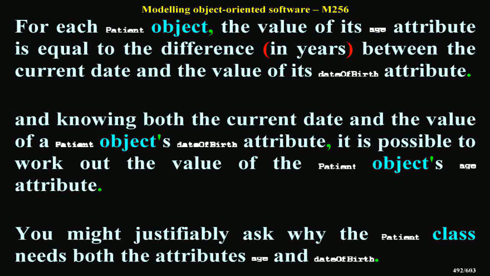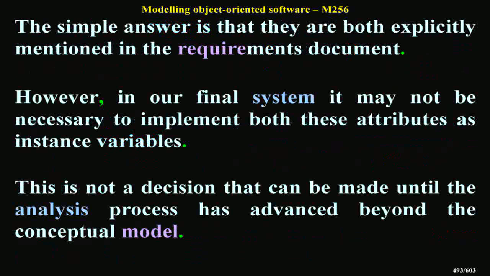You might justifiably ask why the class needs both the attributes. The simple answer is that they are both explicitly mentioned in the requirements document. However, in our final system it may not be necessary to implement both these attributes as instance variables. This is not a decision that can be made until the analysis process has advanced beyond the conceptual model.